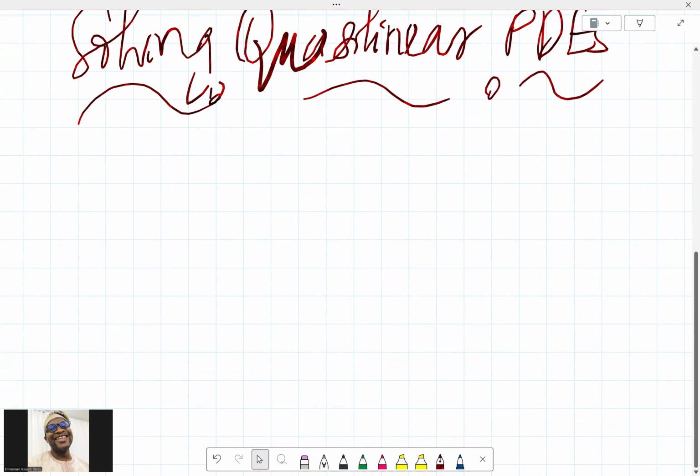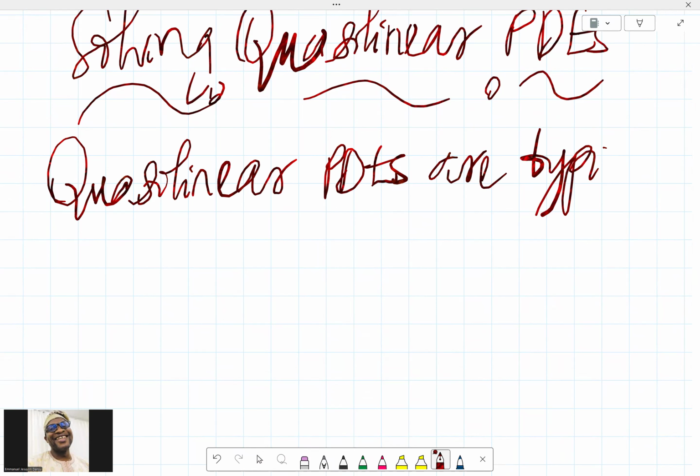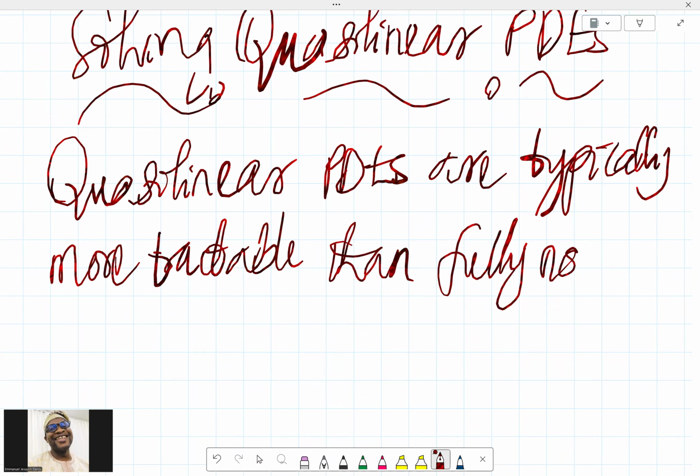This won't be totally new because we've done the method of characteristics before. Quasi-linear PDEs are typically more tractable, that is, they are easier to solve, than fully nonlinear PDEs.